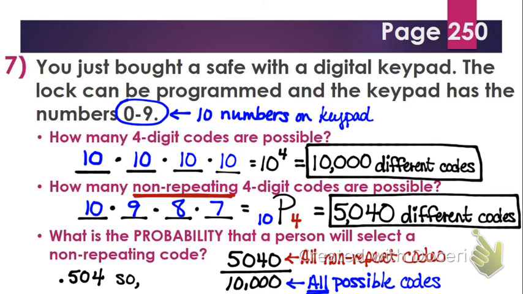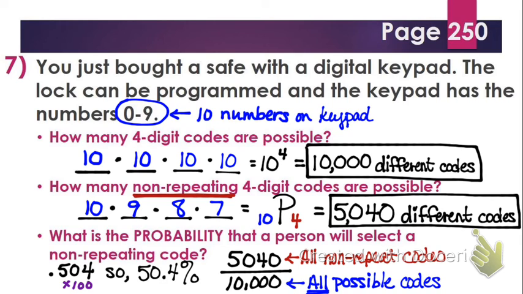So what would that be as a percent then? 50.4%. When we have it as a decimal and we want it as a percent, you would take it and times it by 100 to change it into a percent. If we were asked to give our answer back as a fraction, I would write it as 5,040 over 10,000, or you could reduce it.